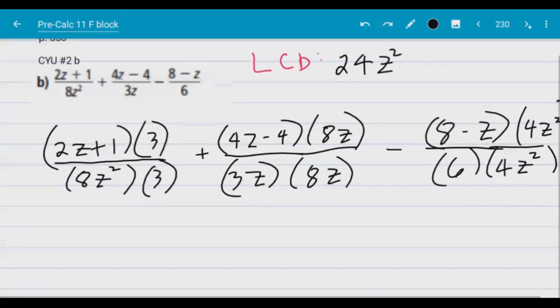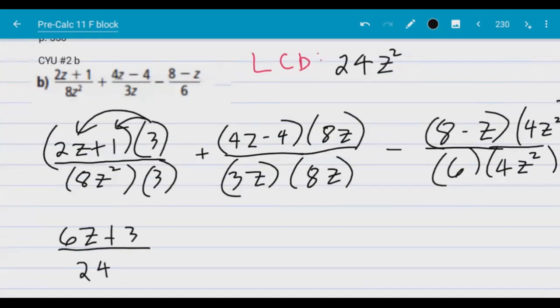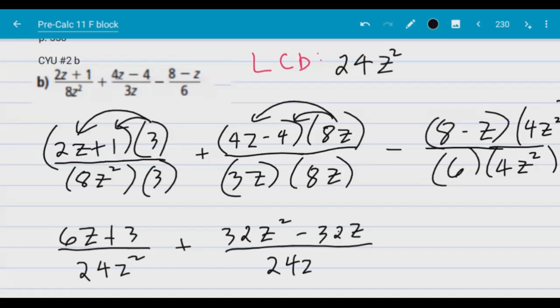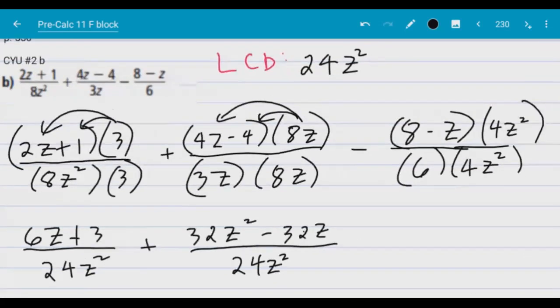So I think we are ready to simplify the numerators. Distributive property: that would be 6z plus 3 over 24z squared, plus distributive property, 8z times 4z is 32z squared, minus 32z, over 24z squared, minus distributive property, 32z squared minus 4z cubed, over 24z squared.